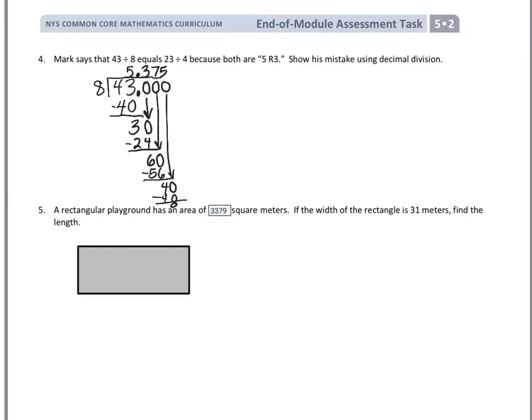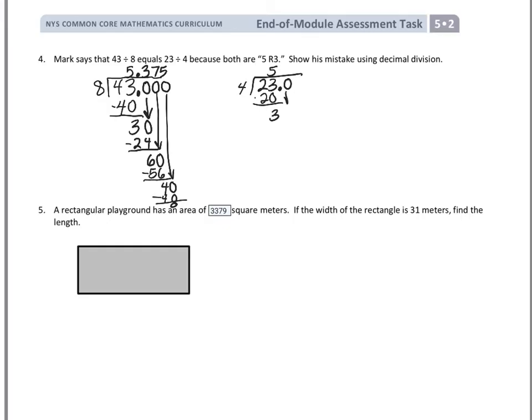We have 23 divided by 4. Well, 4 won't go into 2, but it will go into 23. 4 goes into 23 5 times. 5 times 4 is 20. Subtract. And we have 3. There's our 5 remainder 3 again, but we're going to continue on.